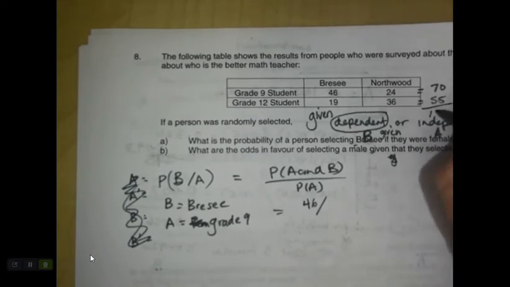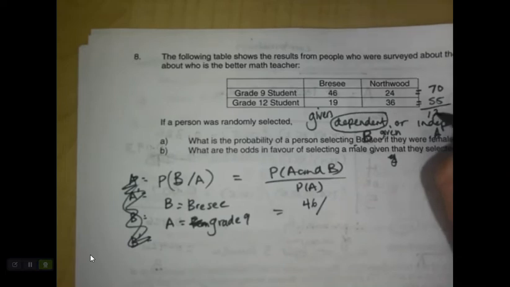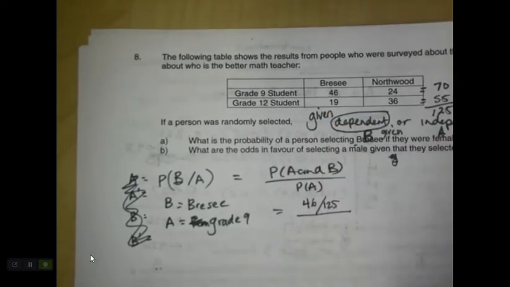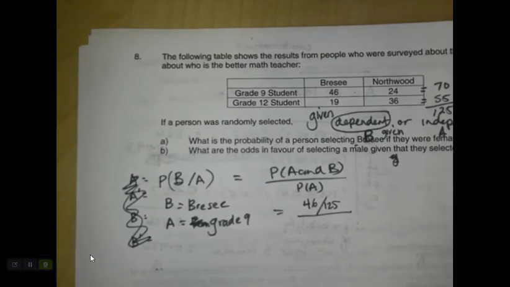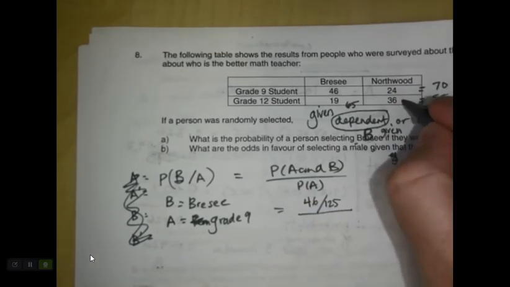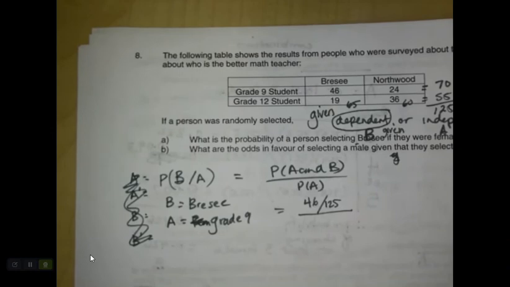So that adds up to 125. So there should be 125 total. But if we go down the other way, 46 plus 19 is 65, and if I add that up as 60, I get 125.